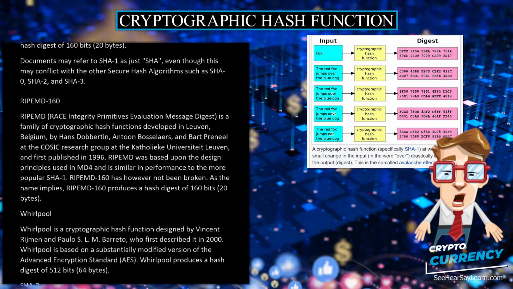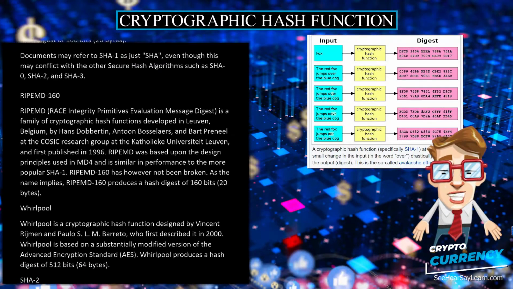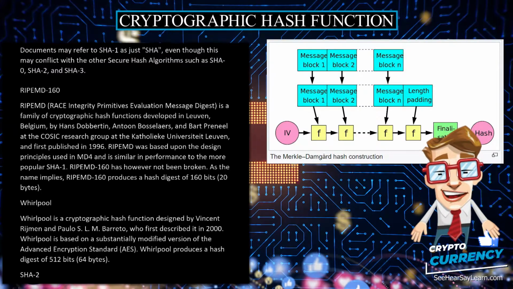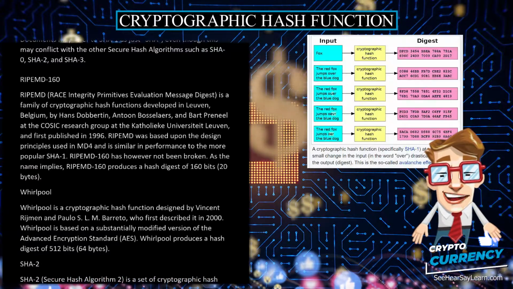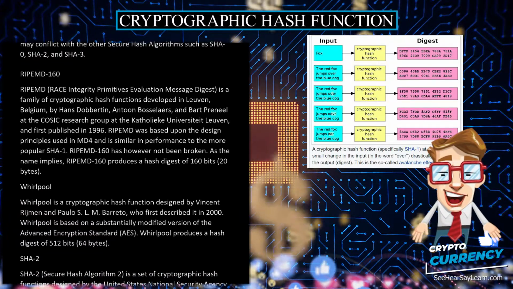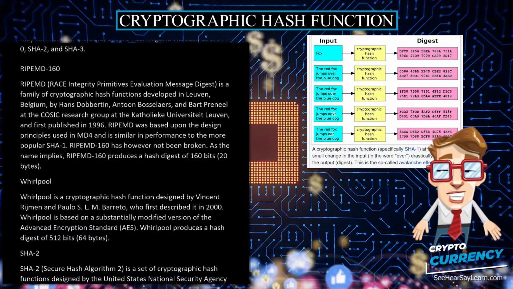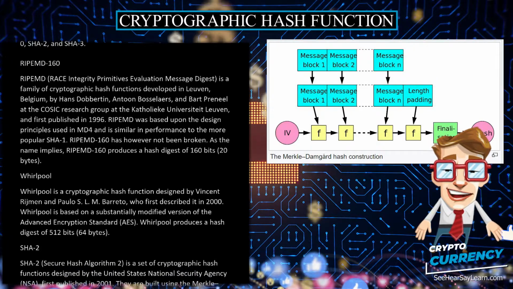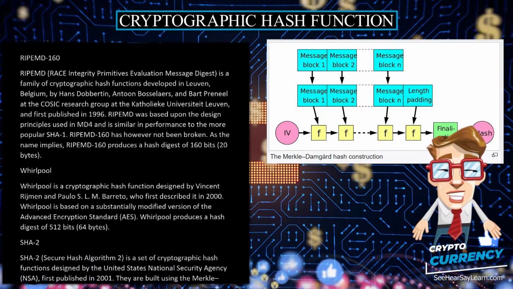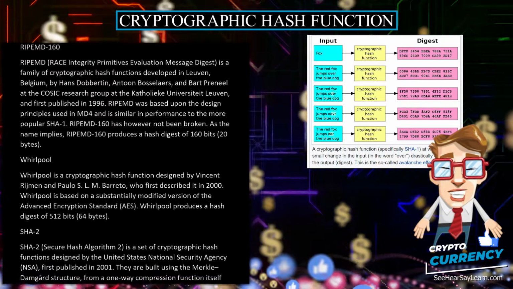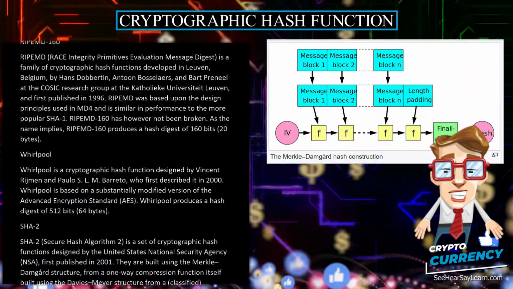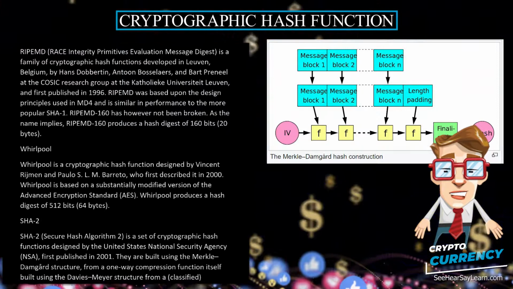SHA-384 and the lesser-known SHA-512/224 and SHA-512/256 are all variants of SHA-512. SHA-512 is more secure than SHA-256 and is commonly faster than SHA-256 on 64-bit machines such as AMD64.